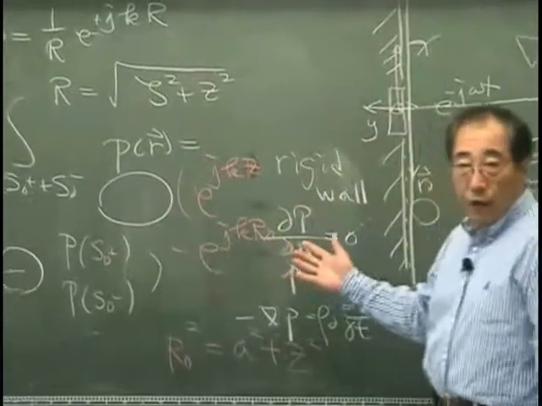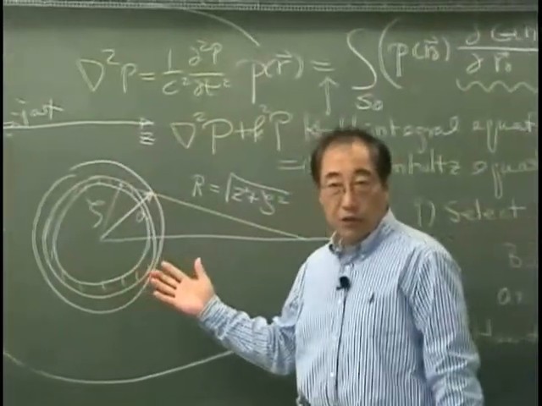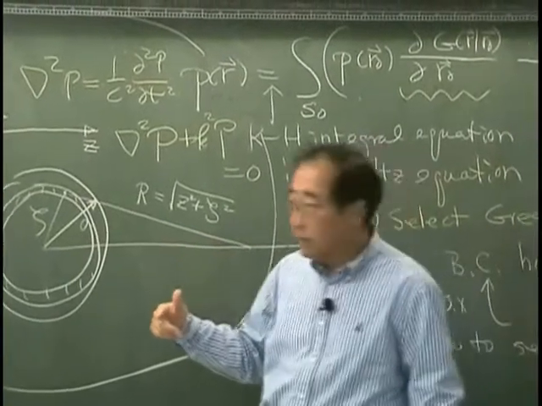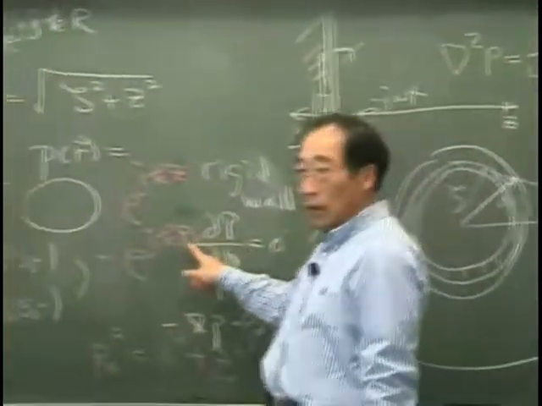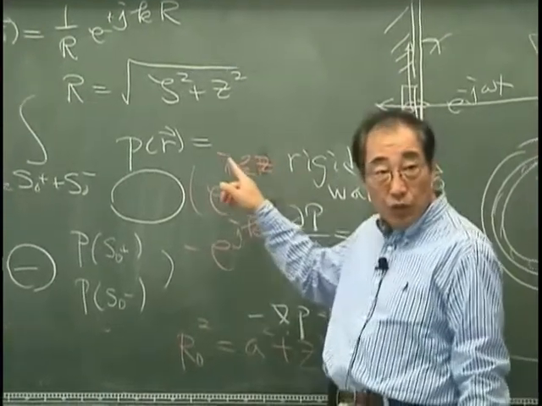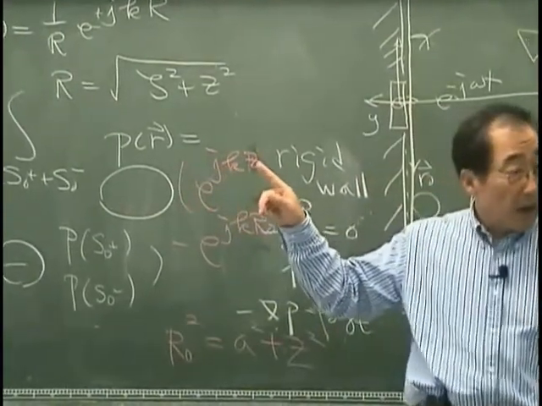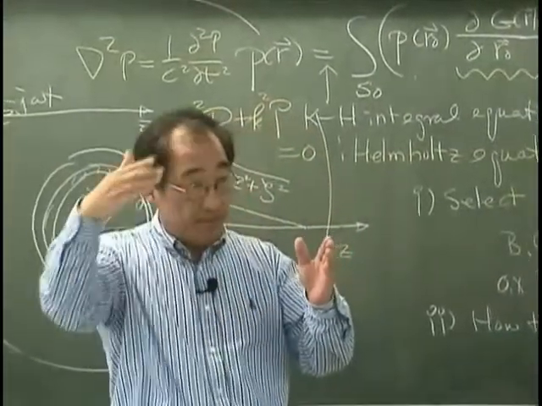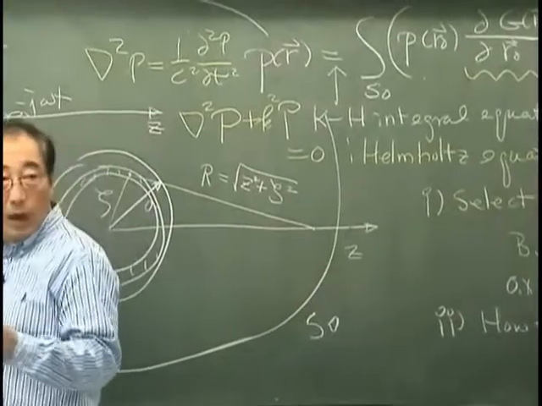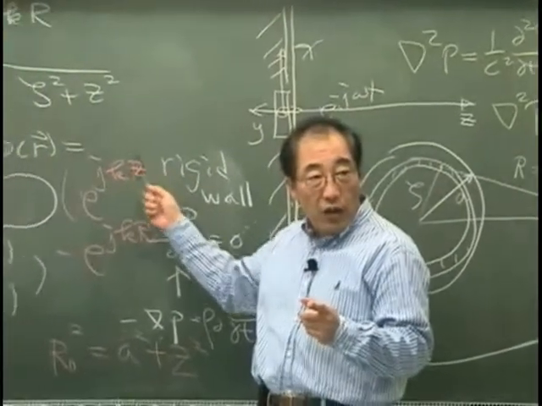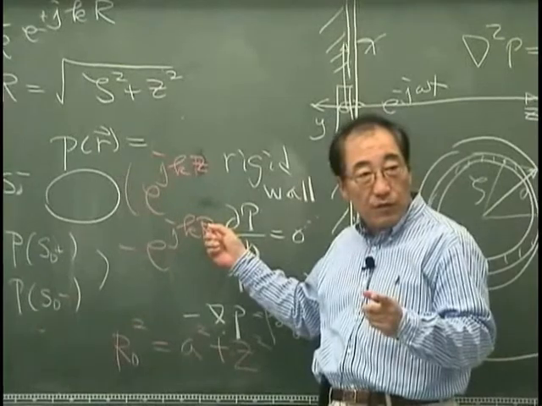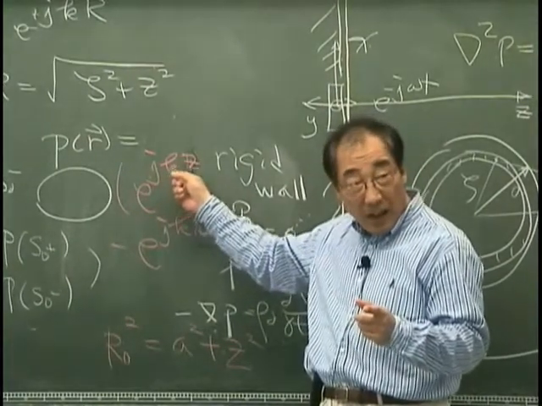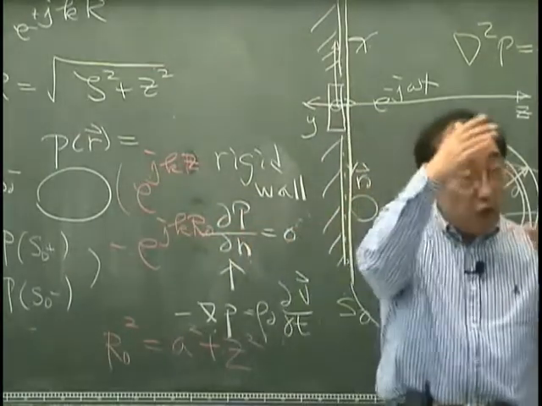If I go away from the vibrating piston, then this term and this term are approaching. Okay, so in the beginning there is some cancellation. I mean, when this value and this value have a certain value, and k is 2 pi over lambda, therefore there is some chance to have a zero pressure.